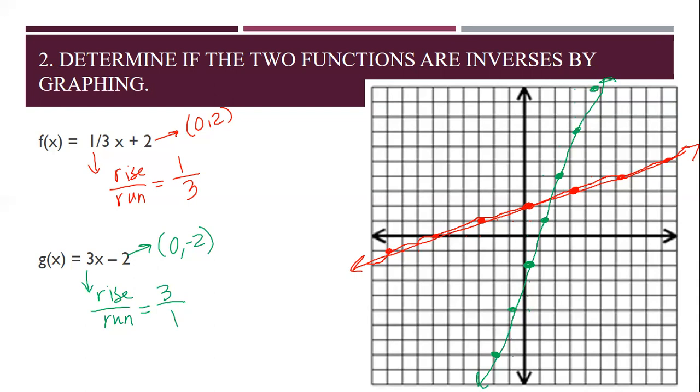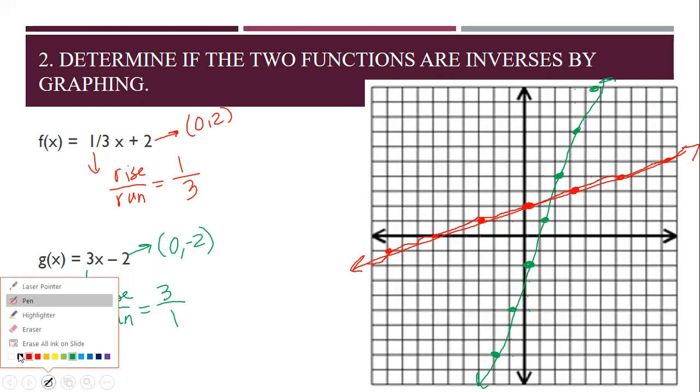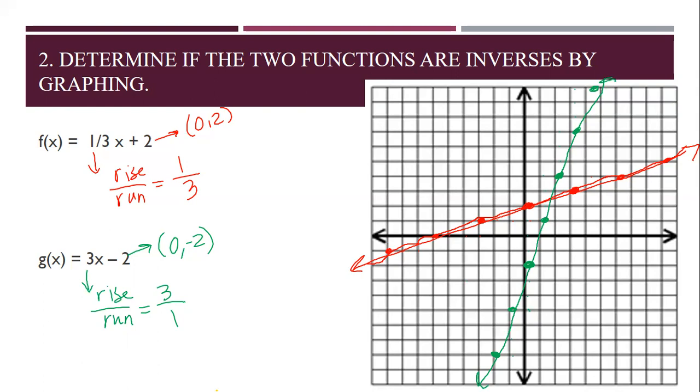All right. Now, the test comes from your line of reflection. So I'm going to graph my line of reflection, which is y equals x, and see if they are symmetrical with one another.